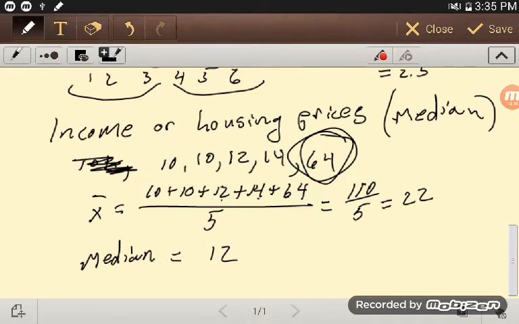Well, now if you talk about the bigger region and you throw the multi-million-dollar houses into a mean or an average like that, it's going to make it look like home prices are much higher than they really are. Whereas if you use the median, then you're not as affected by those either really large or really small numbers out on the edges.